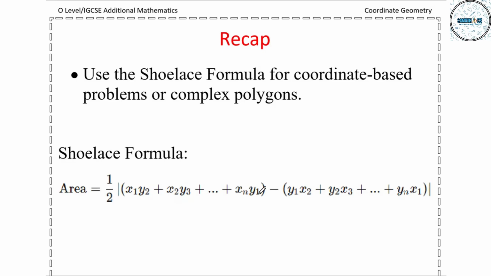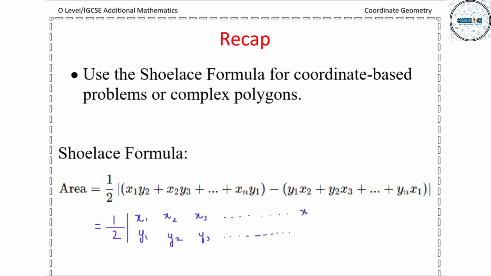Minus y1 into x2 plus y2 x3 plus, as many coordinates as there are, yn into x1. We can write it as area is equal to 1 upon 2 absolute of x1 y1, x2 y2, x3 y3, and as many coordinates as there are in the polygon.